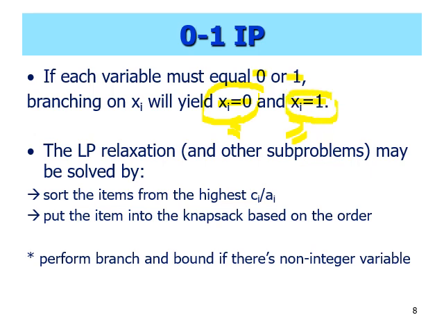Now, when we solve the LP relaxation, and also actually when we solve the other subproblems in this knapsack problem, we can solve it easily by not using graphical approach, not using simplex approach, but using this simple approach here. So first we sort the items from the highest Ci divided by Ai.